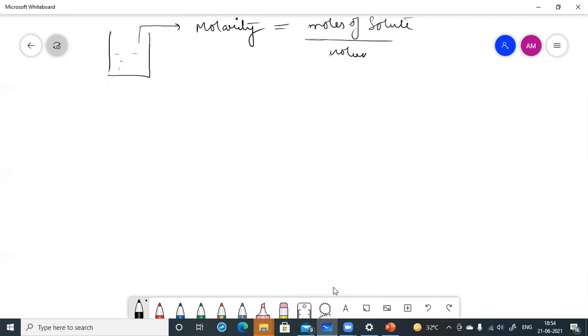Now suppose there are two solutions, this is solution A and this is solution B. Suppose this has some molarity M1 and volume V1, and this has some molarity M2 and the volume of this solution is V2.